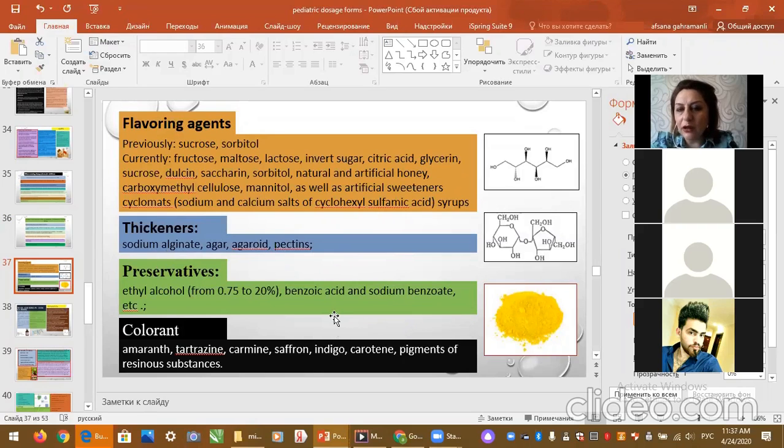Preservatives: ethyl alcohol from 0.75 to 20%, benzoic acid, and sodium benzoate, etc. And which colorants do we use? Amaranth, tartrazine, carmine, saffron, indigo, carotene, pigments of resinous substances, and others.